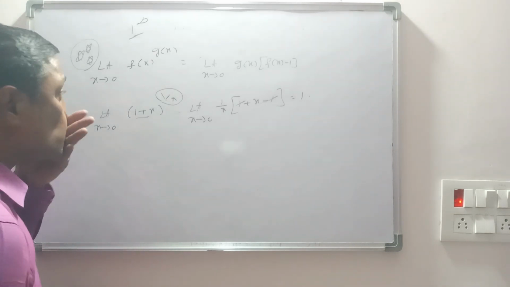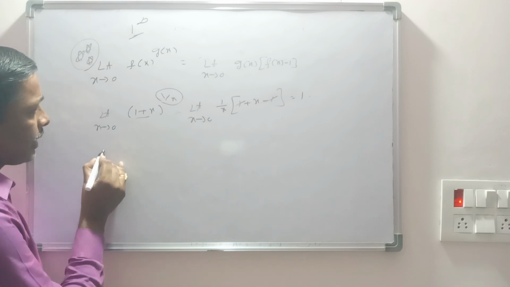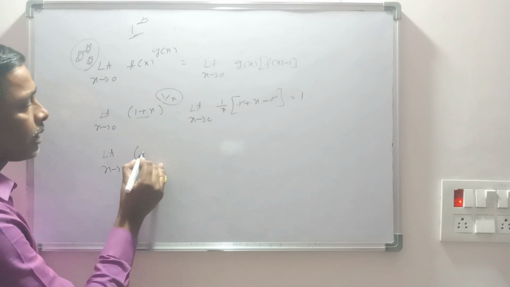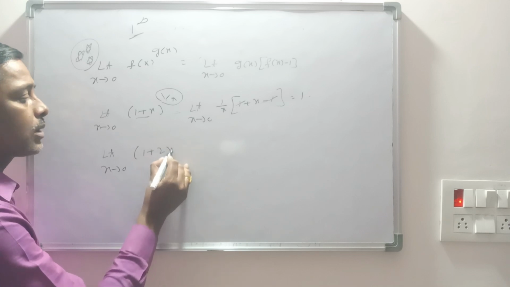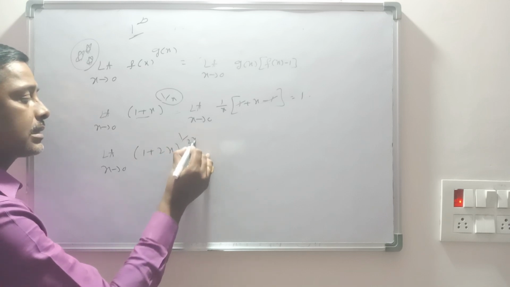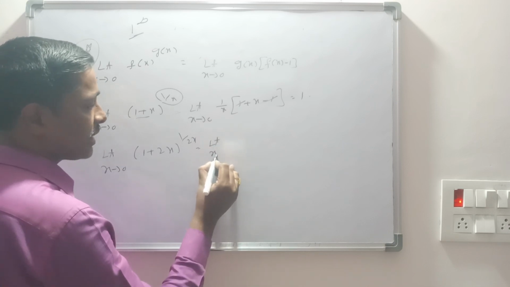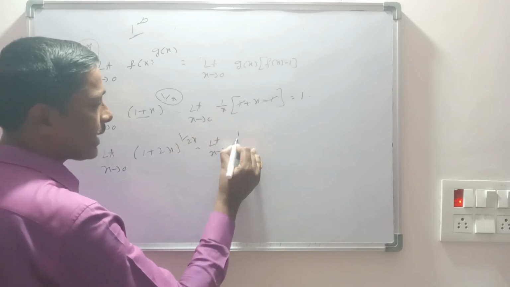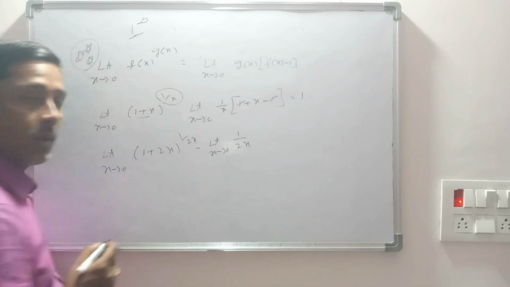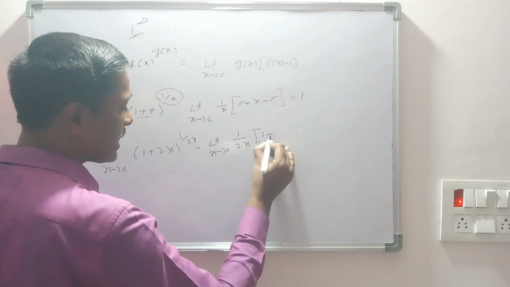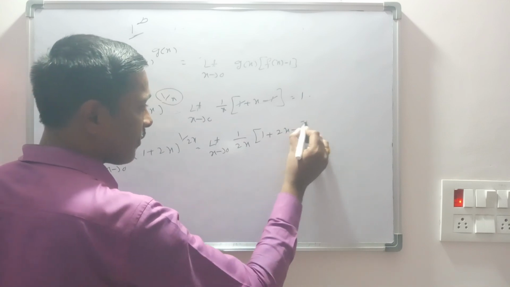Next, for example, limit x tends to 0, 1 plus 2x whole power 1 by 2x. What is the answer? g of x is 1 by 2x, into f of x minus 1. What is f of x? 1 plus 2x, minus 1.